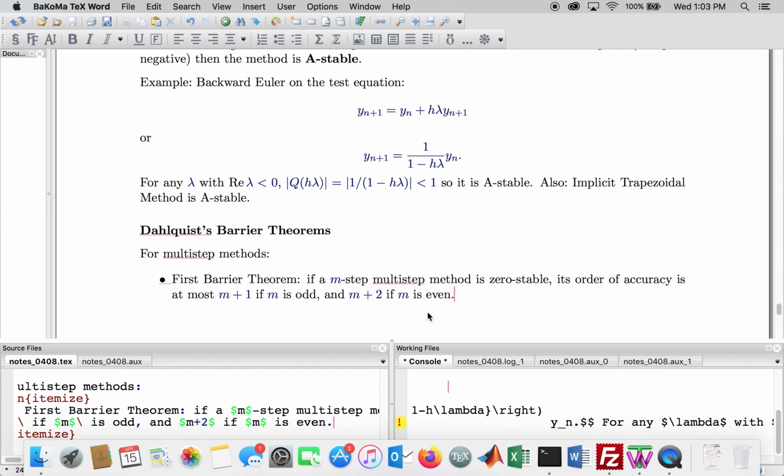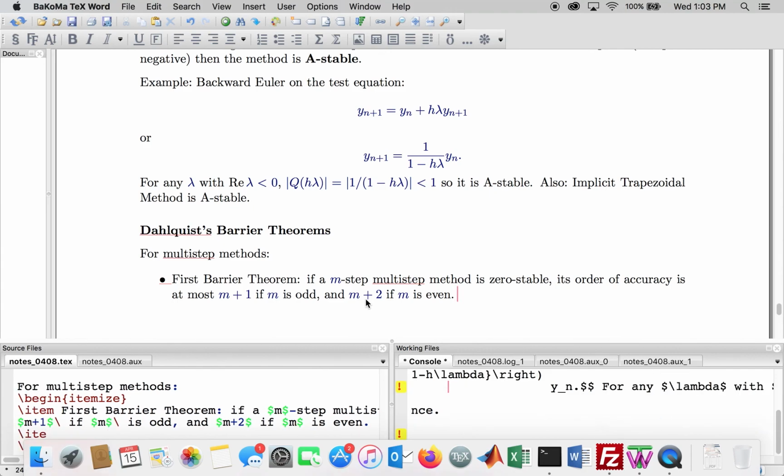Adams methods in general that are m-step have order of accuracy only m if it's Adams-Bashforth form. It is m plus 1, regardless of whether m is odd or even, in the case of an implicit Adams-Moulton method. So there aren't any Adams methods that hit this barrier, unfortunately.